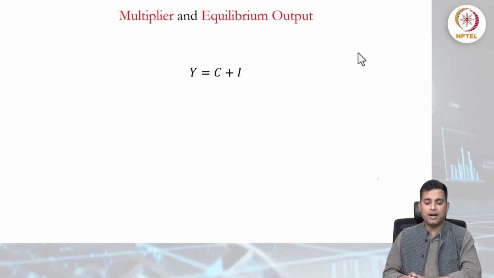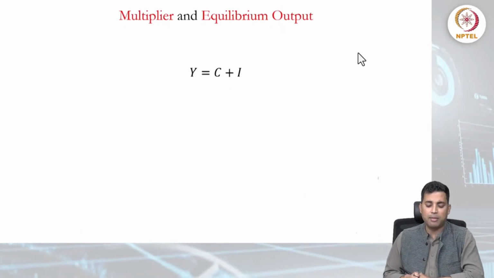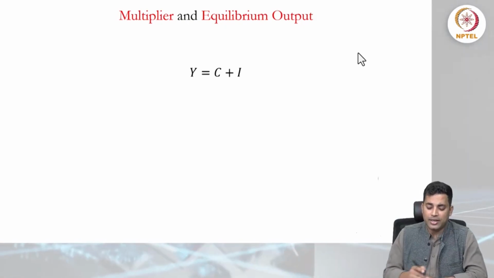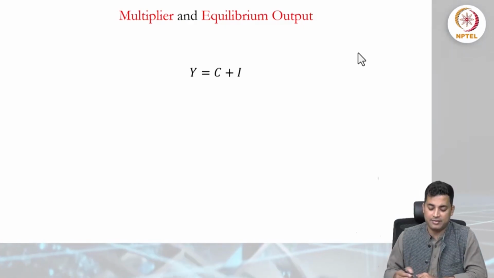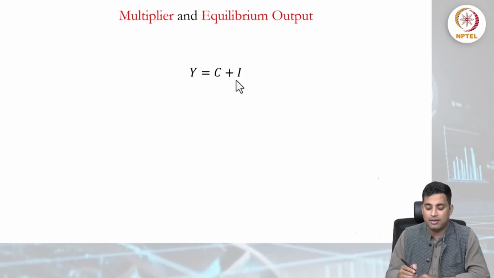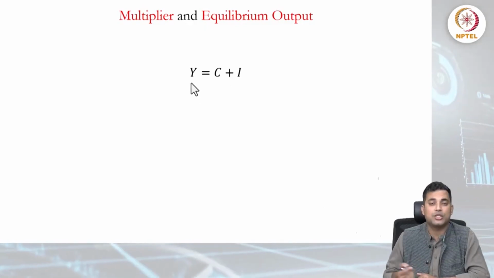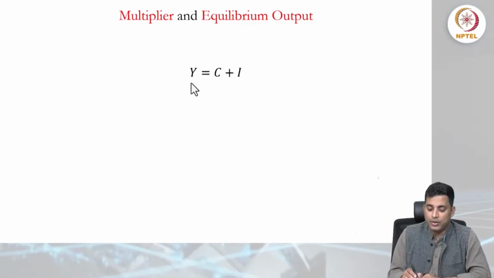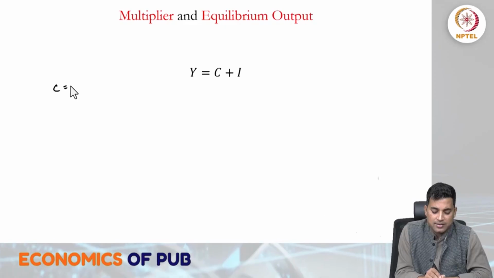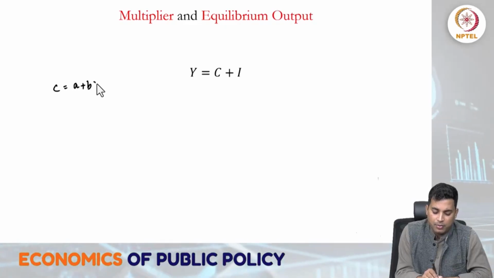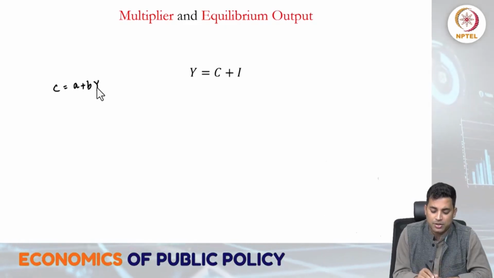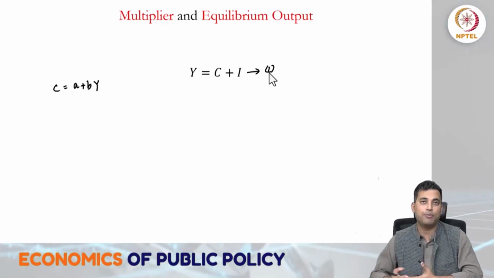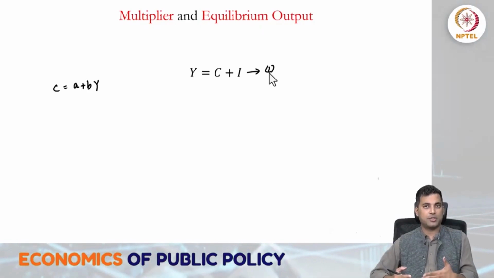So now let us understand the multiplier and equilibrium output, right? We already have Y equals consumption plus investment, and C equals A plus bY, as we already know from the consumption function. Here Y is the grand output, which is just a function of consumption and investment.